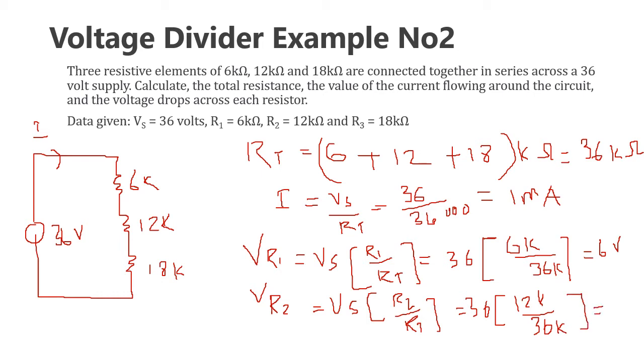If we solve this, we will get the value of 12 volts. Likewise, VR3 will be Vs times R3 over RT. If we substitute the values and solve that, we will get the value of 18 volts.